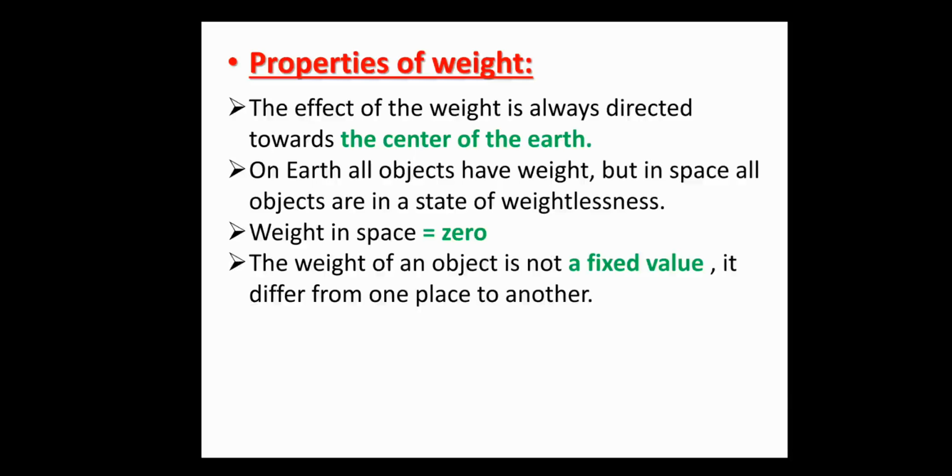On earth, all objects have weight, because the earth has a force that attracts the object to the earth. But in space, there is no gravity, there is no gravitational force. So in space, all objects are in a state of weightlessness.